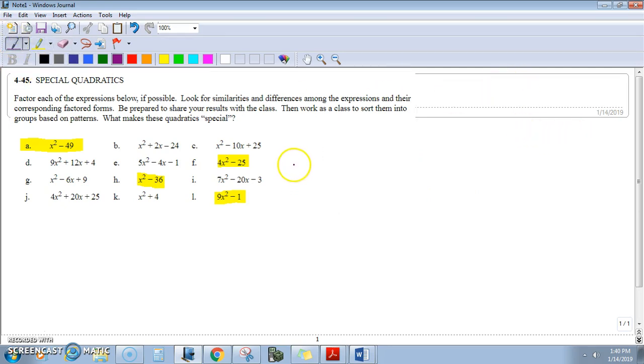Okay, so h, x squared minus 36, right? Well, x squared is equal to x times x, and 36 is equal to 6 times 6. That's how we know they're perfect squares, because both of these numbers are exactly the same. So my answer is just going to be x plus 6 times x minus 6. Okay?